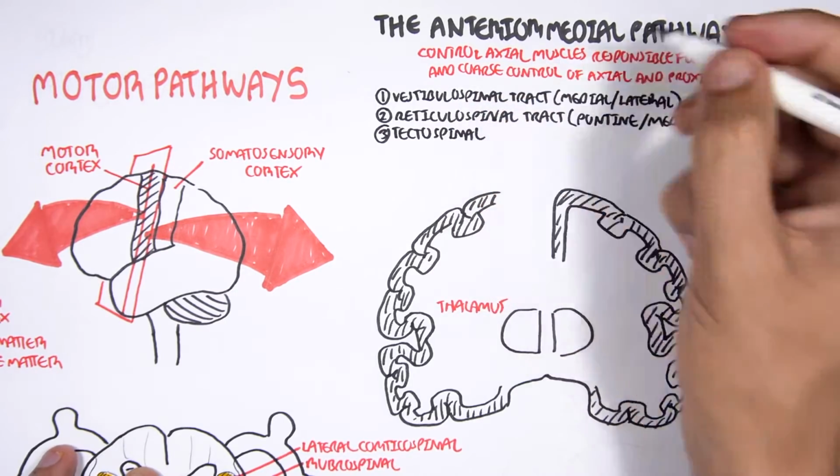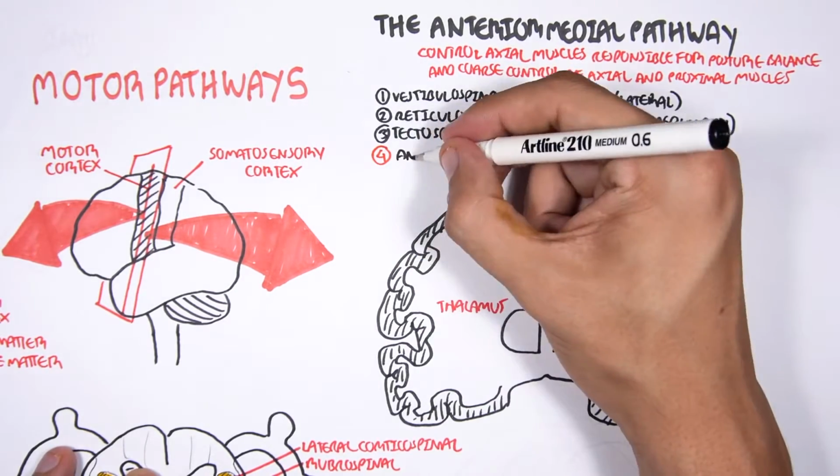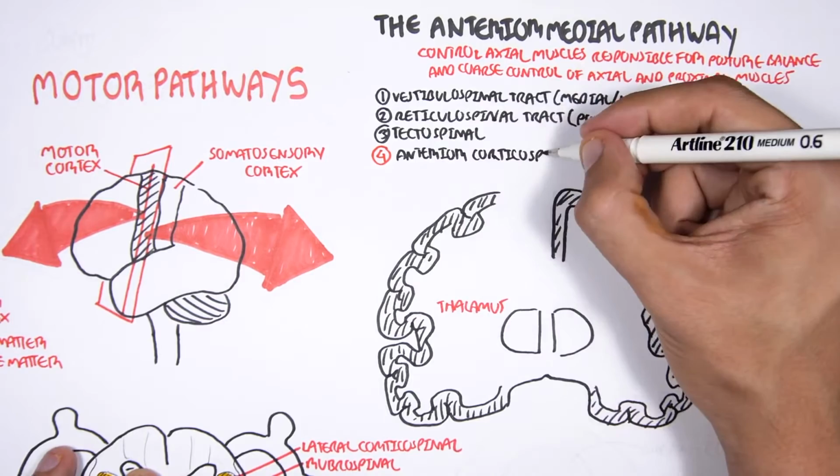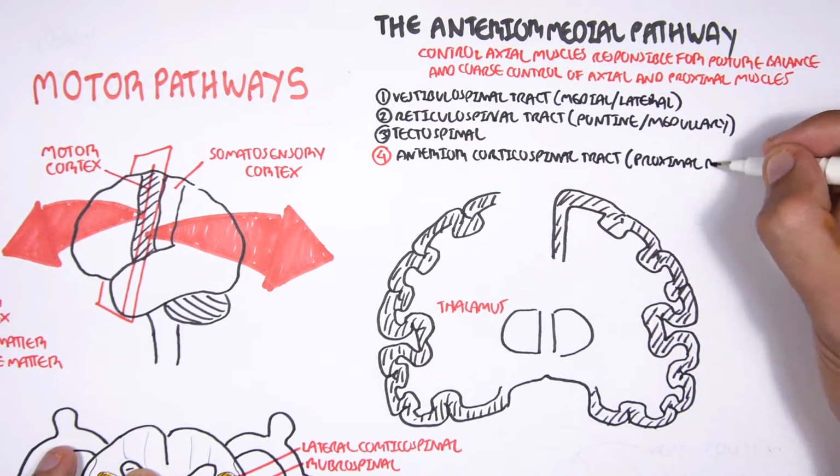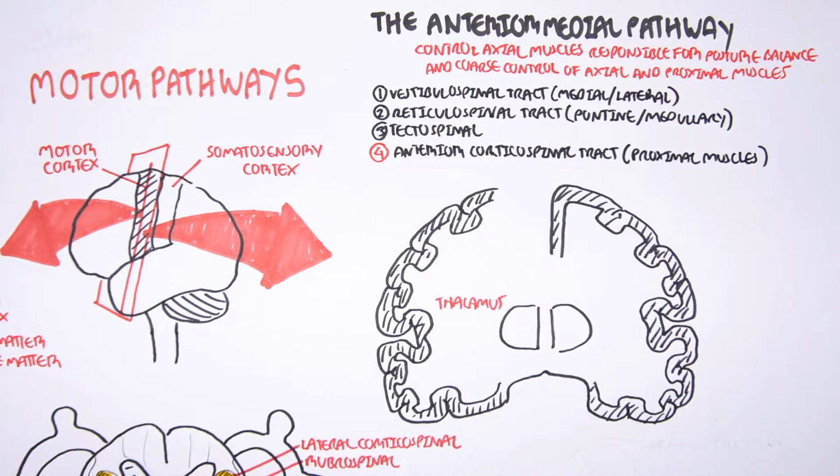And part of this category is the anterior corticospinal tract, which we already talked about, and which is voluntary and controls proximal muscles. And so I highlighted it. So basically, the anterior medial pathway mainly controls the axial muscles for posture and balance, except for the anterior corticospinal tract, which is voluntary control of proximal muscles. Remember.